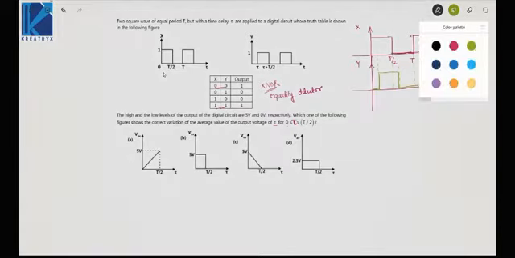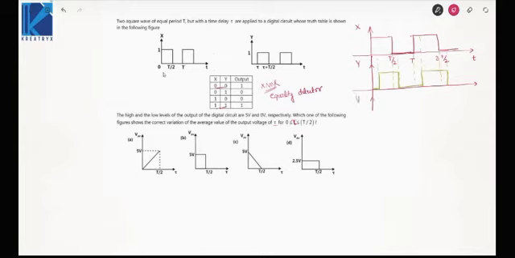Okay. Then what about the output value? Since no delay is mentioned, directly I will draw the output waveform. No delay of the logic gate is mentioned actually, right? So when both inputs are equal, the output will be 1. And if both inputs are unequal, the output will be 0.